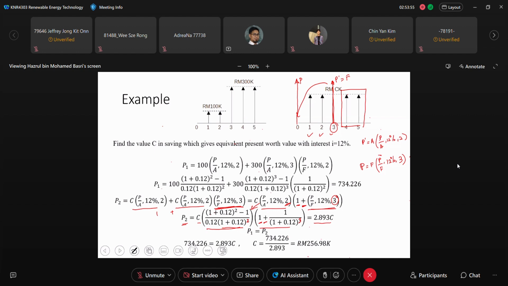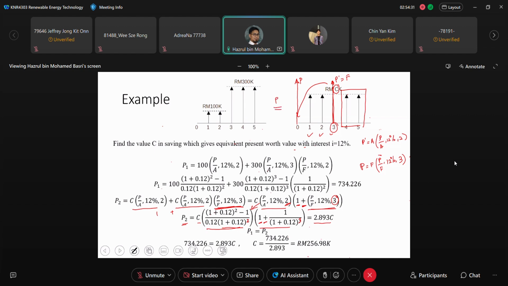So is it clear for everyone? Okay. So 2.893C. So in this case, what I'm interested in is you want to find out what is the value of C that makes these two equivalent in terms of present value.